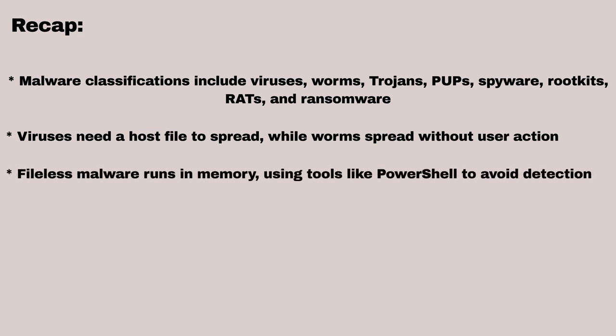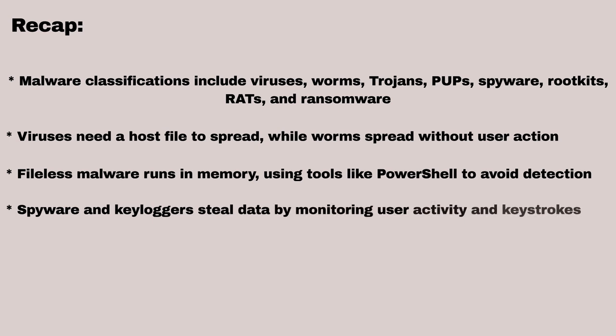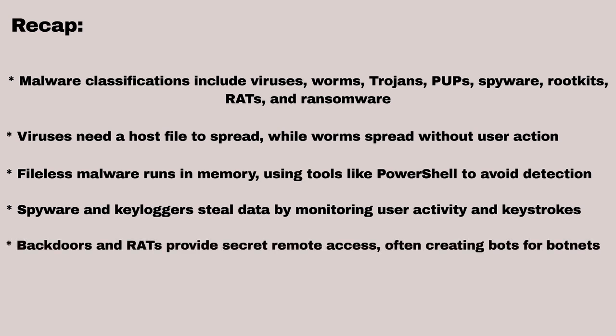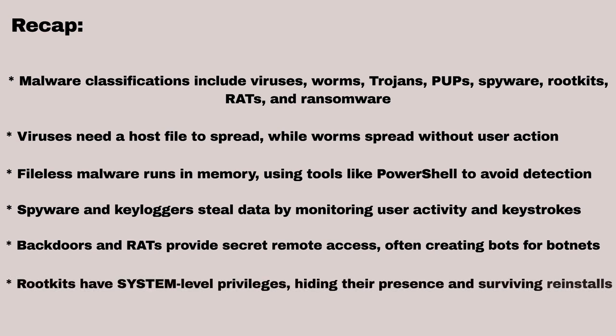We learned about spyware and keyloggers, and how they steal data by monitoring user activities and keystrokes. We learned about backdoors and RATs, and how they provide secret remote access, often creating bots for botnets. And lastly, we learned how rootkits give you system-level privileges, hiding their presence and surviving reinstalls. See you in the next one.